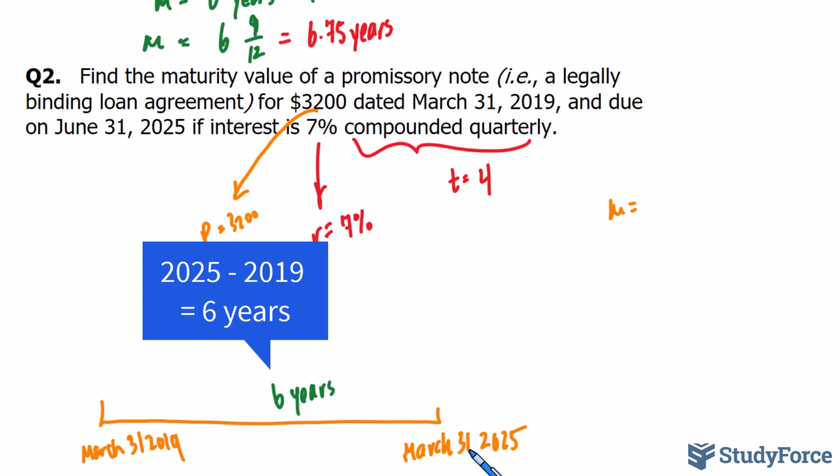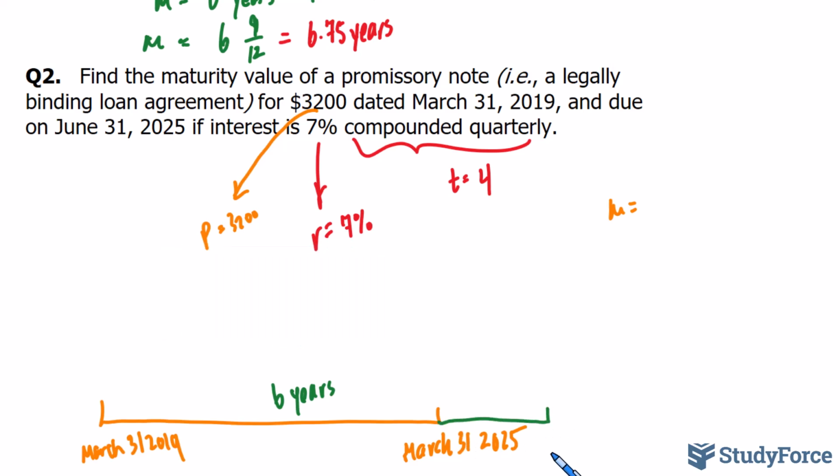And then from March 31st to June 31st, June happens to be the 6th month of the year. March is the 3rd month of the year. So 6 take away 3 is 3 months. Altogether, M is equal to 6 years and 3 over 12, which amounts to 6.25 when converted as a decimal. So we found our value of M.